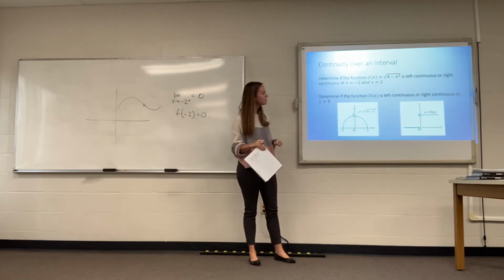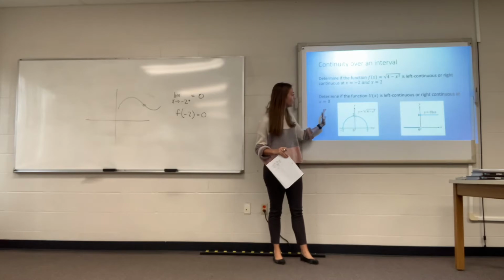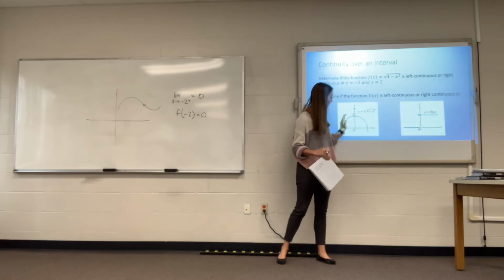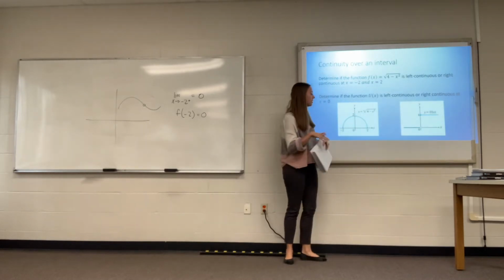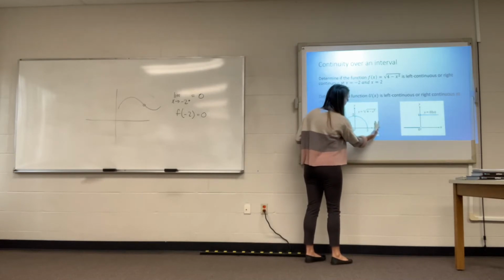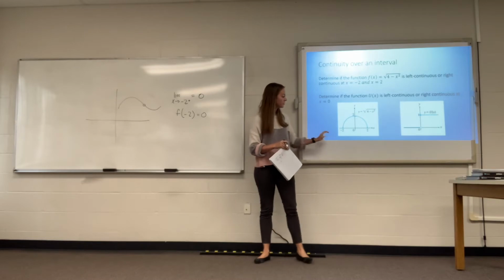Then at x equals 2, if I look at this point right here, I come from the left side and I have the graph, so I do have continuity from the left. But from the right side, I don't have anything over there. So I would be continuous from the left.